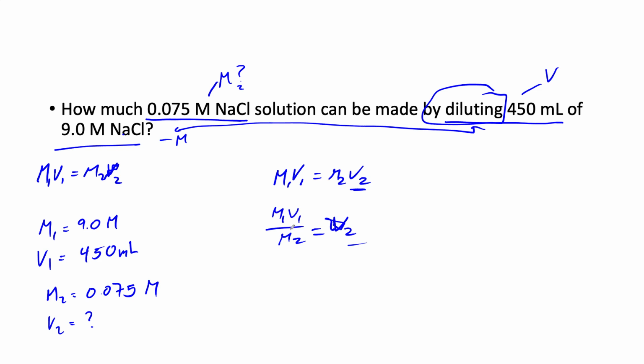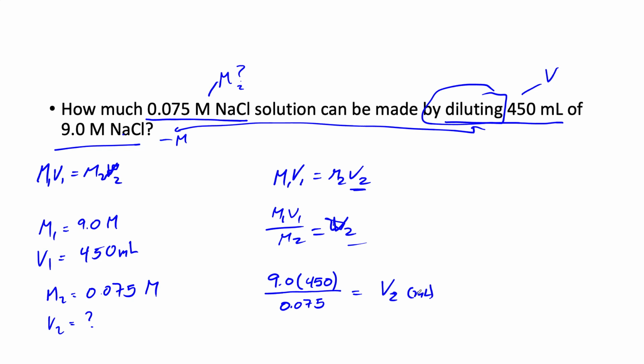Molarity times volume divided by molarity: molarity cancels, and we end up with V2. So let's put the numbers in. 9.0 times V1, 450 milliliters. We're not going to change the unit. Divided by 0.075. That should give us my final volume, and that's going to be in milliliters.